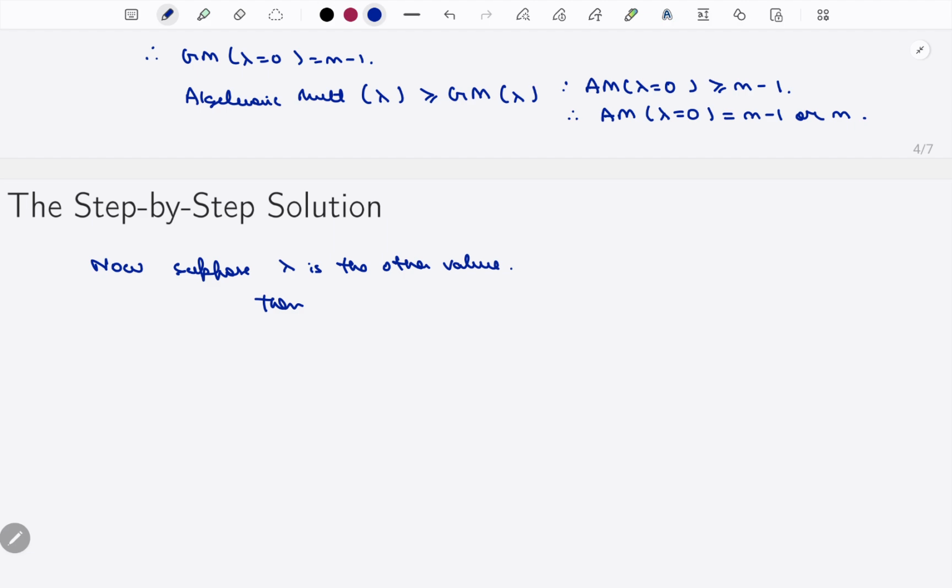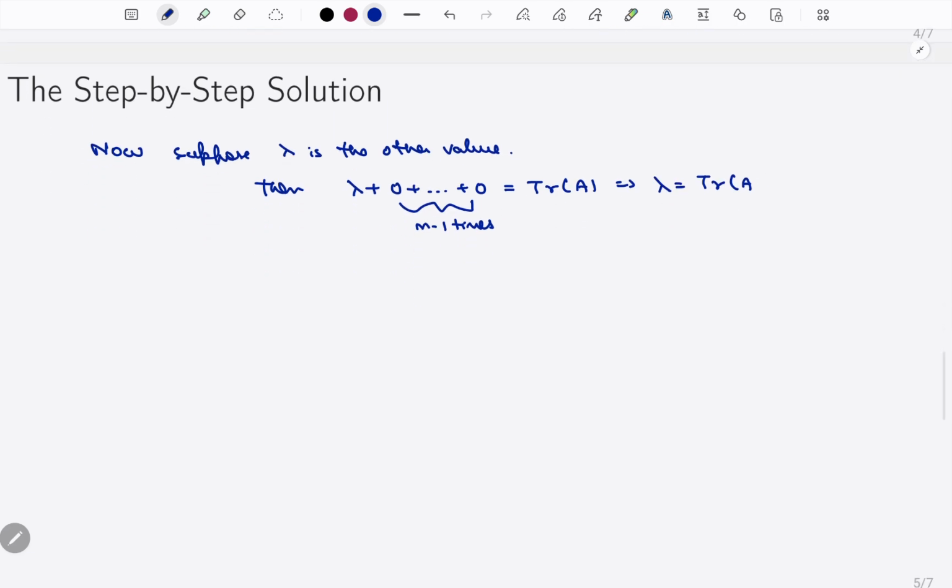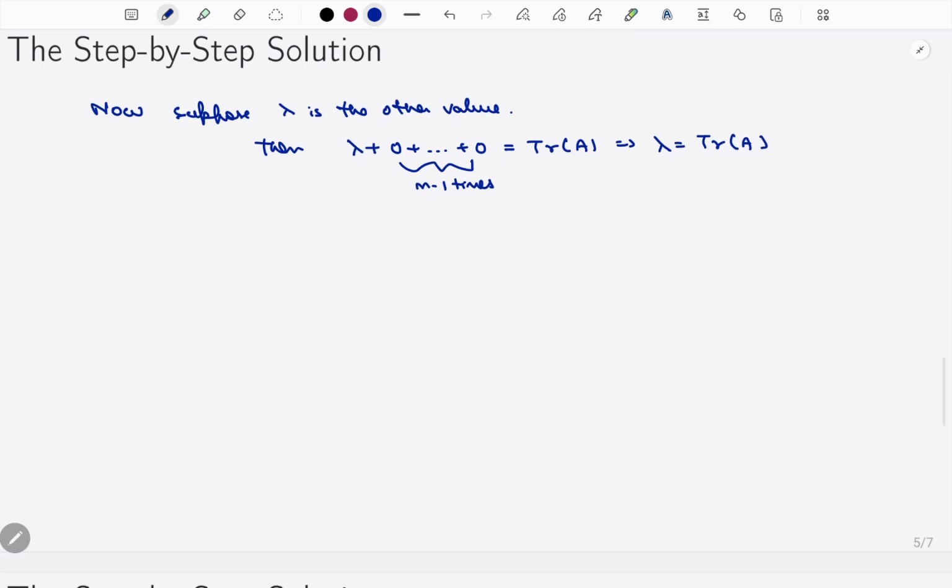Then the sum of all the eigenvalues equals the trace of A. So lambda plus 0 added n minus 1 times must equal the trace of A. Hence lambda is nothing but the trace of A. Therefore A has the eigenvalue trace of A and all the others being 0.